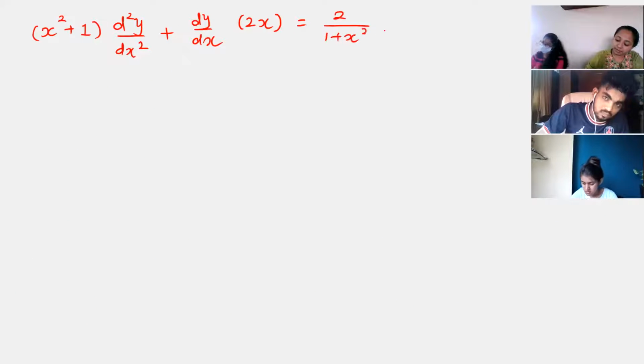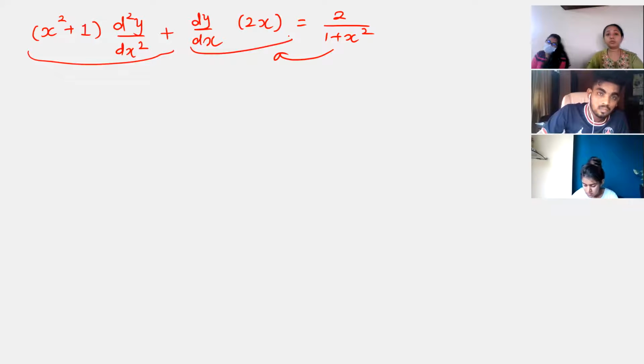1 plus x square. We can take it again to the left hand side, and on the left hand side it will multiply to both terms.